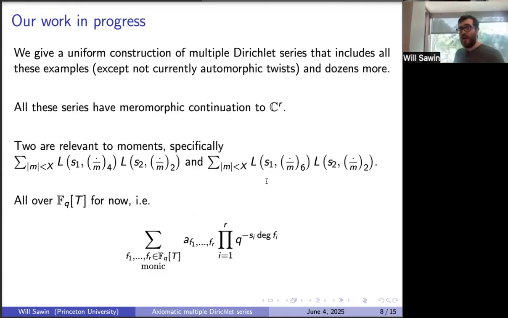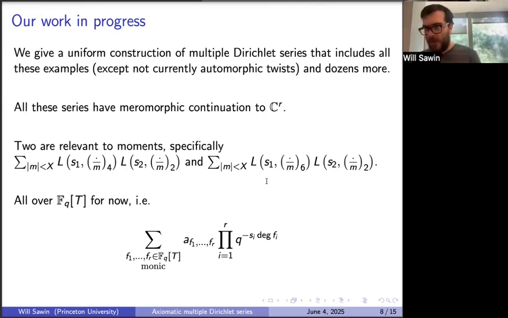So what we're doing is giving a construction of multiple Dirichlet series that is uniform, not reliant on clever tricks to construct individual examples. That includes everything I talked about in the previous slides. It doesn't include the automorphic.